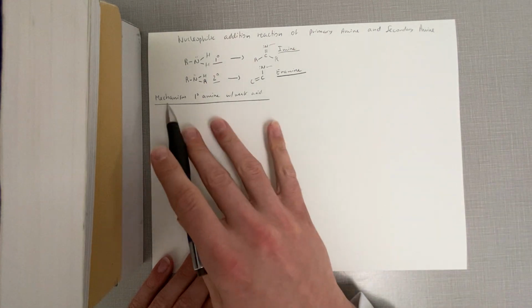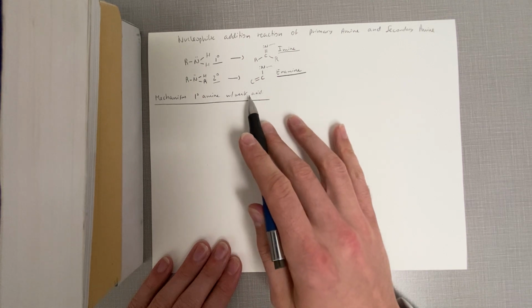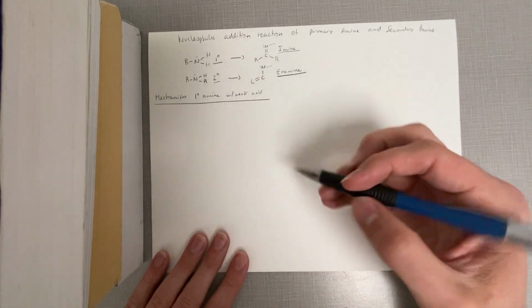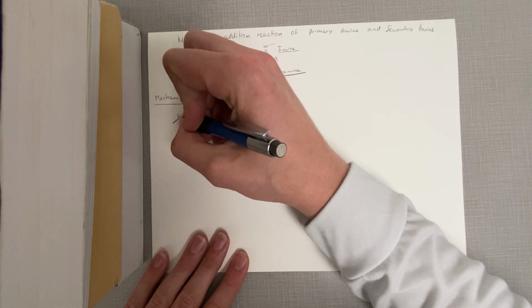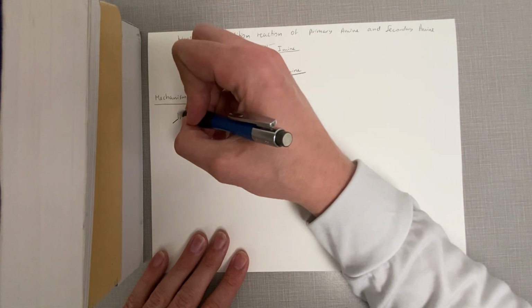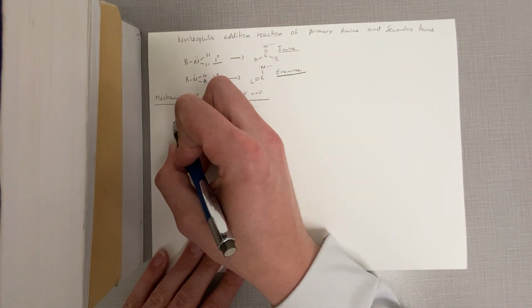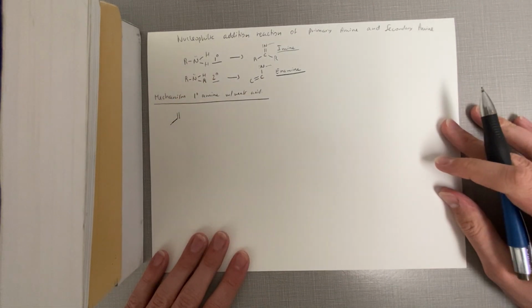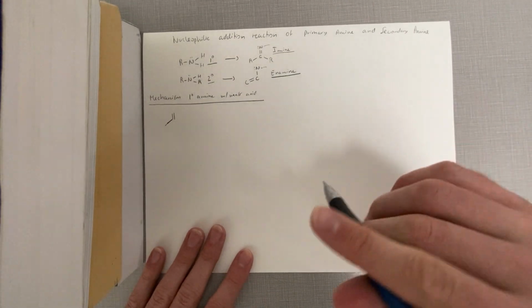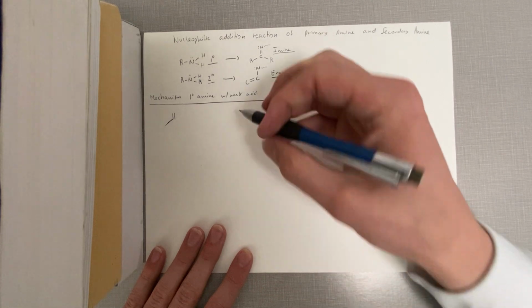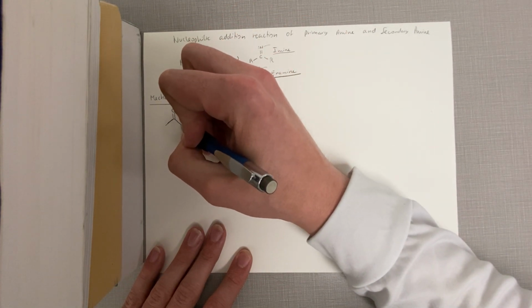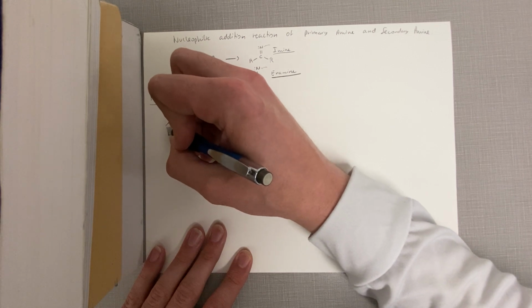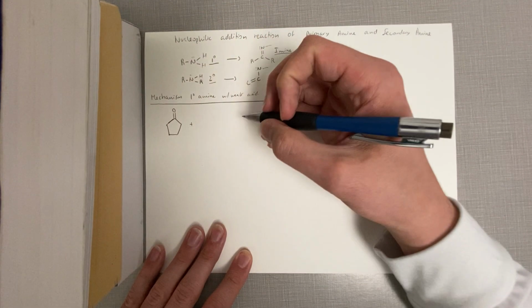So for the mechanism of a primary amine, we also need a weak acid. So let's do a primary amine.